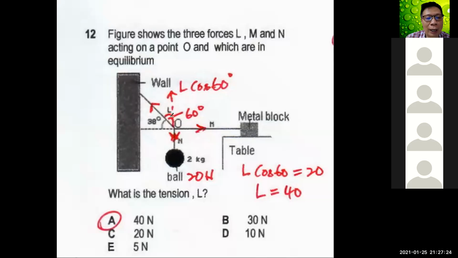Because I want to write this one going up, same as the one going down, to find L. So L cos 60 equals 20. Okay, so you get 40. That's the way. We have to be a little bit smart now about how to choose to solve the problem, by taking this one going up same as the one going down.